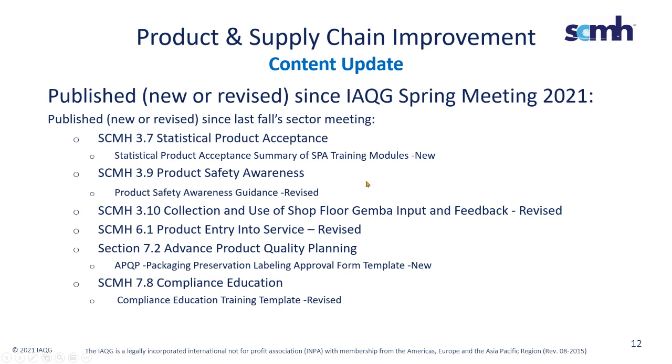We also had some product safety awareness materials that were revised and brought current. Then 3.10, collection and use of shop floor Gemba input and feedback, was revised again to make sure it's up to date and relevant. Then 6.1, product entry into service, was also revised, which is under customer support.